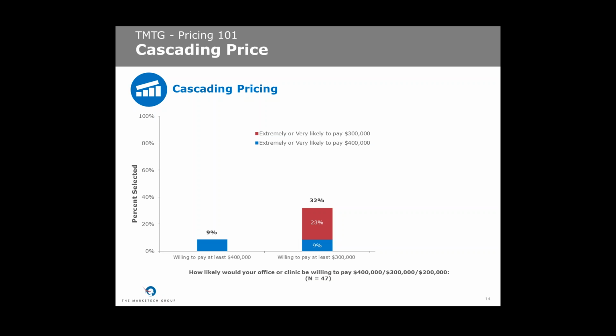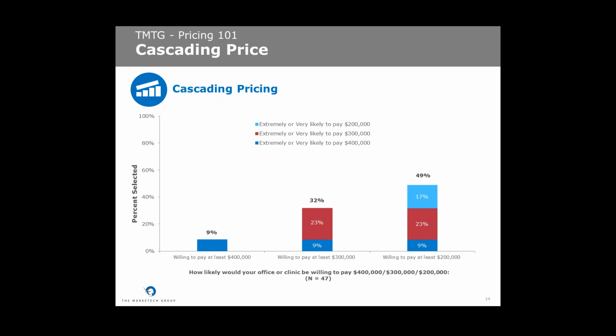So that's 300 and above. And then when repeated at $200,000, an additional 17% said, well, if you drop it to $200,000, I am extremely or very likely to pay. And you find out that about half of your respondents, 49%, are willing to pay at least $200,000. Of course, that includes those who are willing to pay $300,000 or $400,000.